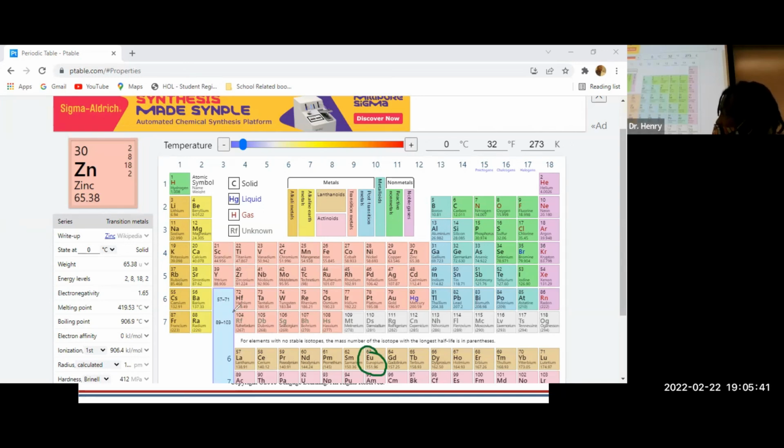So what would be the noble gas before 63? Xenon. So for europium, we'd write Eu, bracket, Xe.